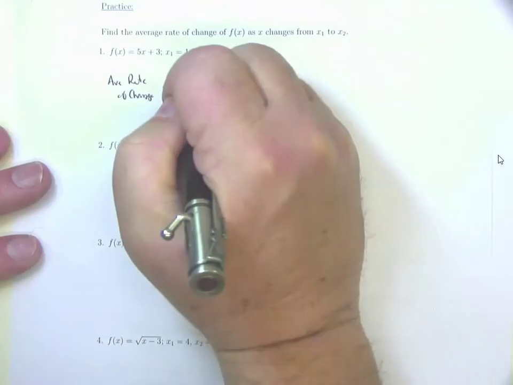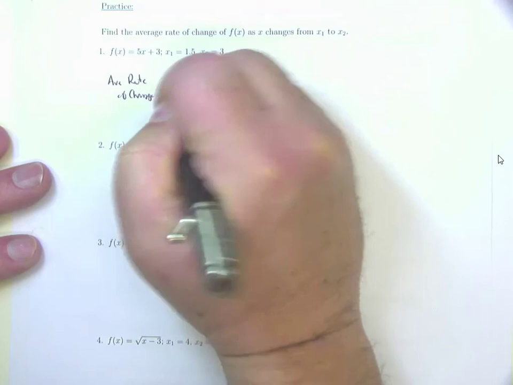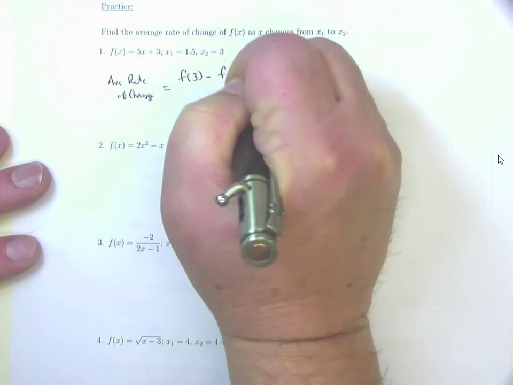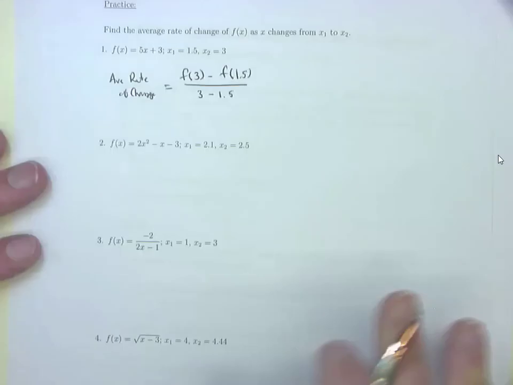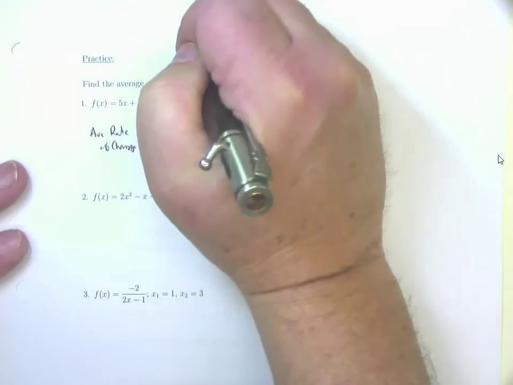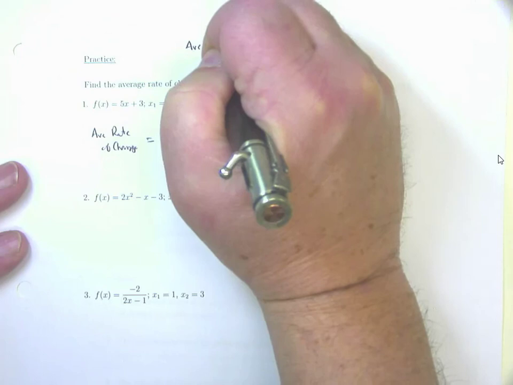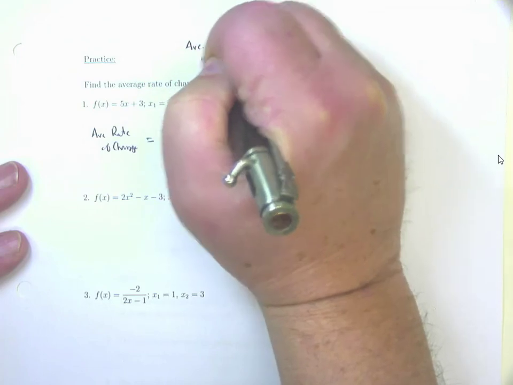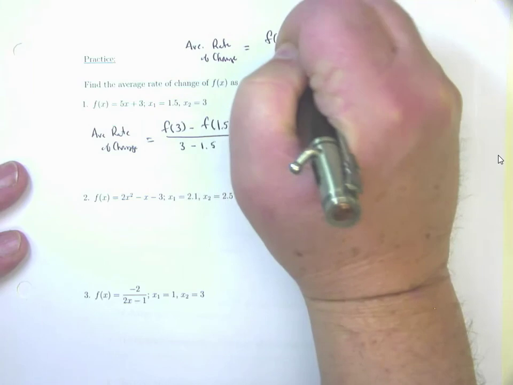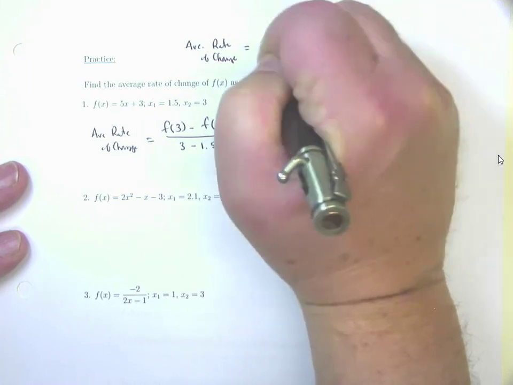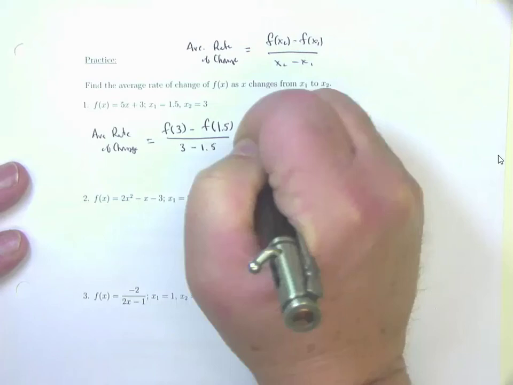So this would be f of x2, which is 3, minus f of x1, which is 1.5, divided by 3 minus 1.5. Again, just to remind you, and so I don't have to write the formula down so many times, the average rate of change formula that you would be expected to have memorized is equal to f of x2 minus f of x1 over x2 minus x1.